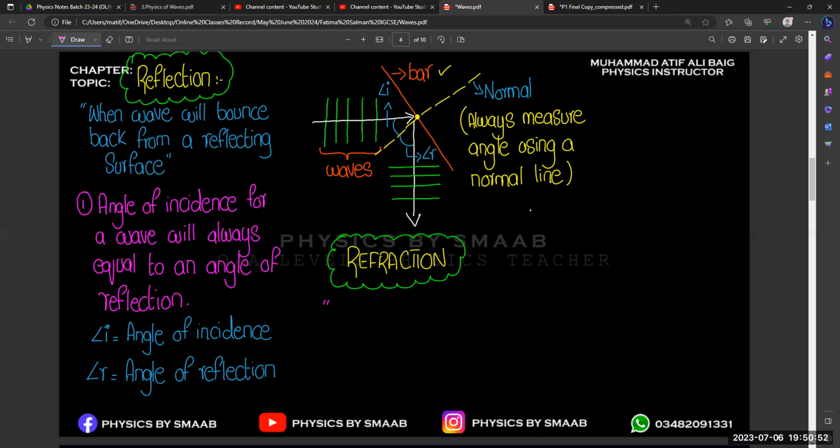Two different mediums means, let's suppose water waves are moving in deep and shallow water. If we consider the example of the seaside, water waves are generated from deep water, and when those waves move to the corner of that water surface, that is the shallow medium.